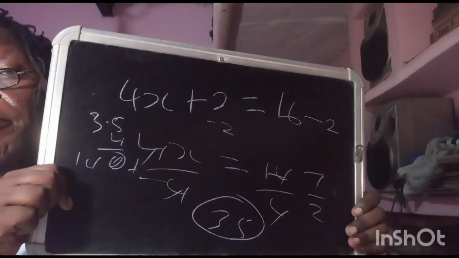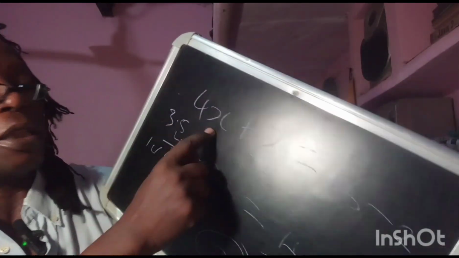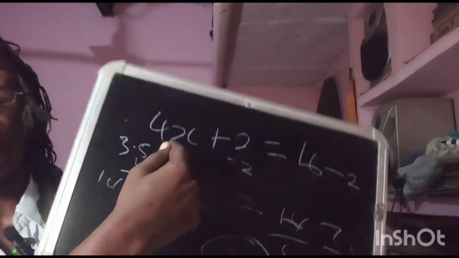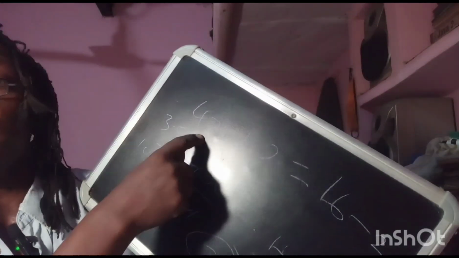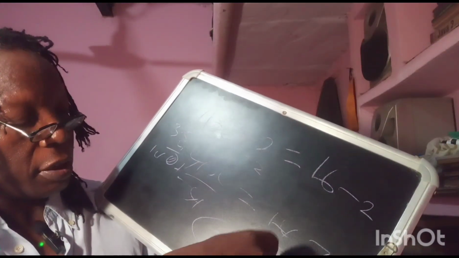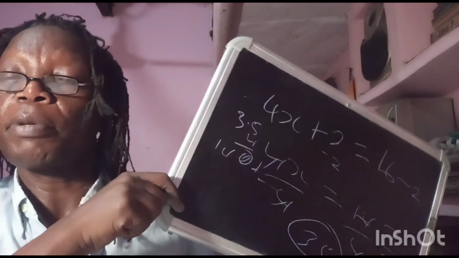I think it's pretty simple. You can see, if you add this, you subtract here, because it says 4x plus 2 is equal to 16. So what's the value of x? If you subtract 2 here, you get 14, then you divide by 4. When you divide by 4, it's going to give you 14 divided by 4, which is like 7 over 2, and 7 over 2 is 3.5.